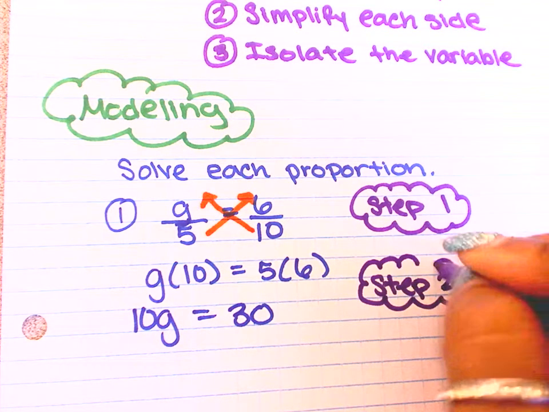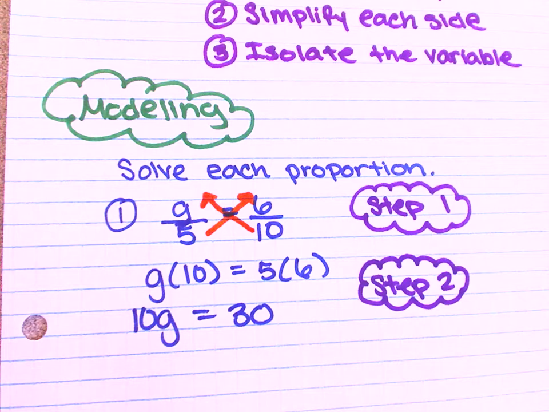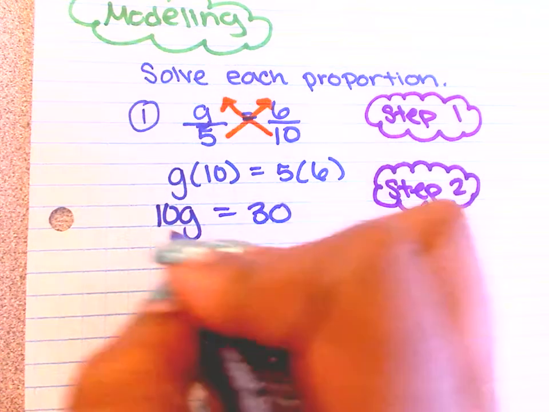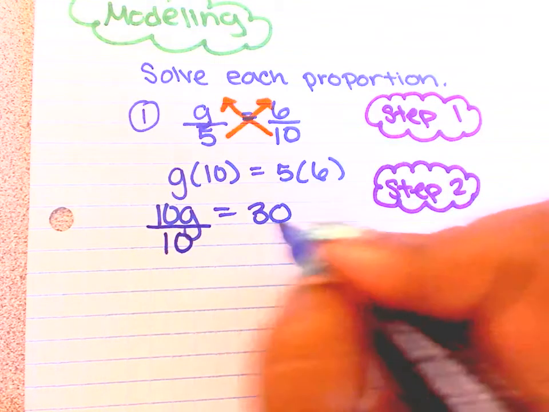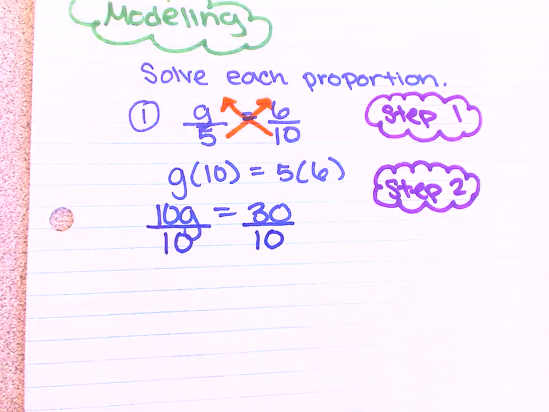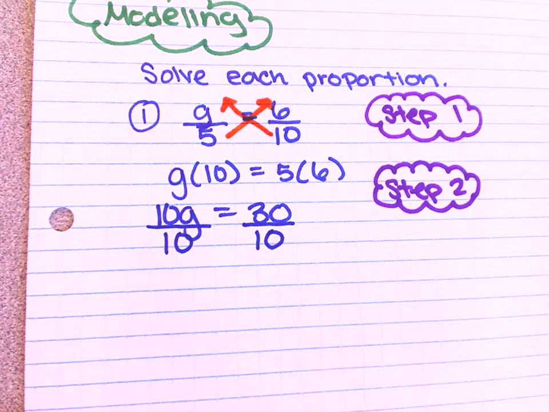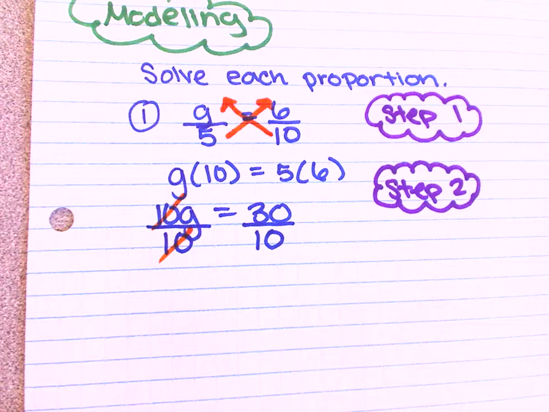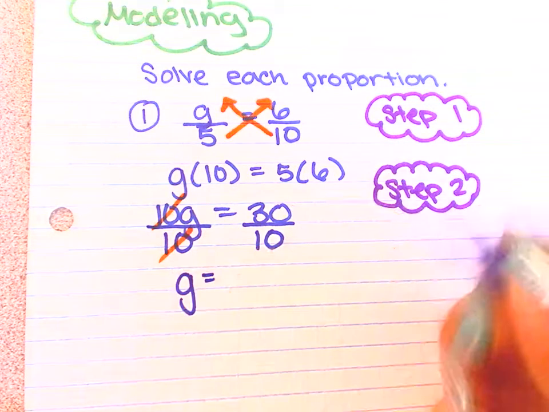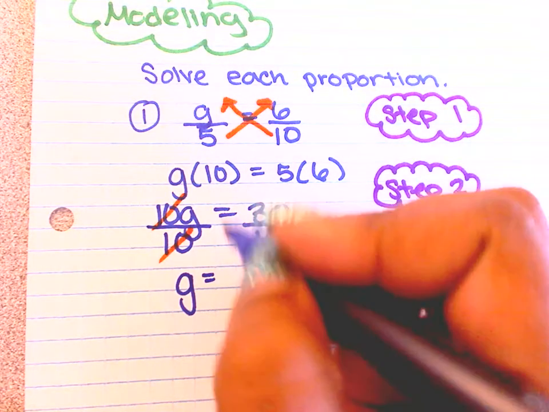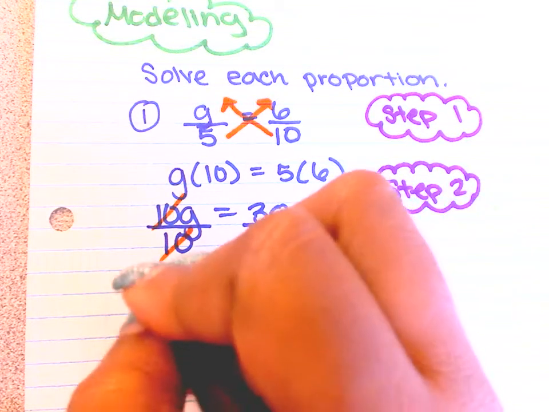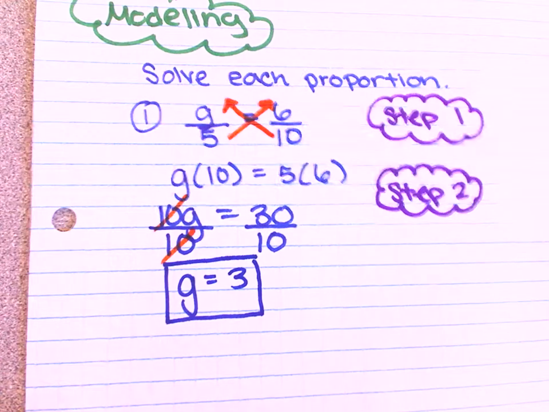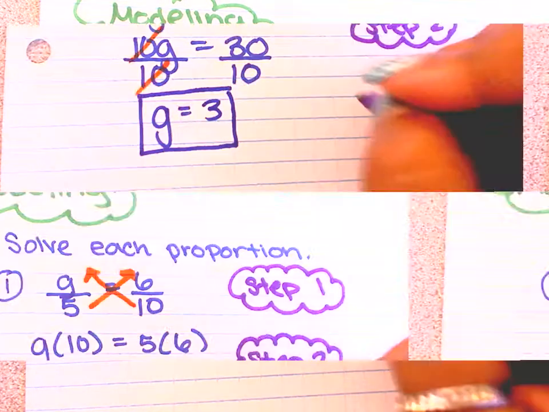I simplified as much as I possibly could. From there, I'm going to isolate the variable. I'm going to divide by 10 on both sides because I want to get G by itself. So my 10s cancel each other out. And I am left with G equals 30 divided by 10 is 3. And then you box your answer. And that was step 3.